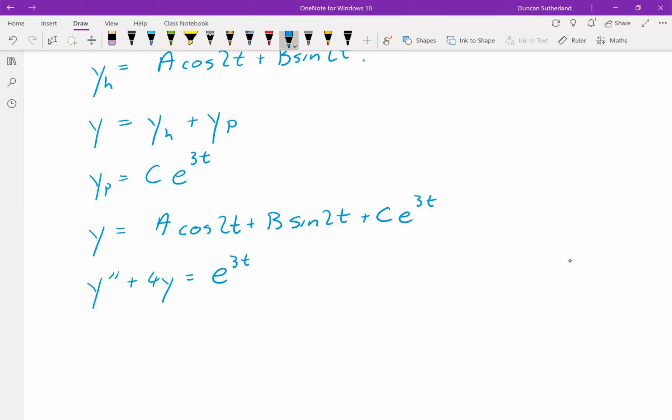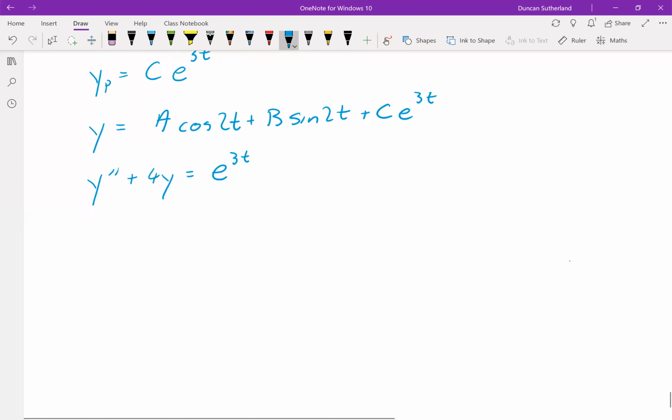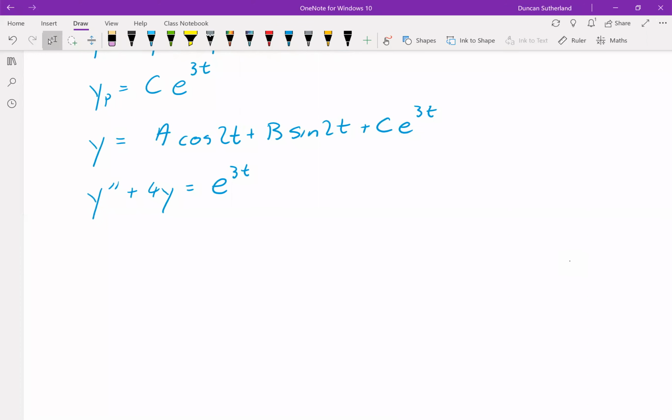So we're going to need y double dash. Fortunately, they're just cosines and sines and exponentials, so this is actually pretty easy to differentiate twice. I'm going to do that quite quickly because I think you should know how to differentiate cosine and sine by now.